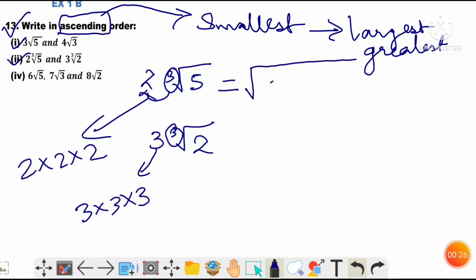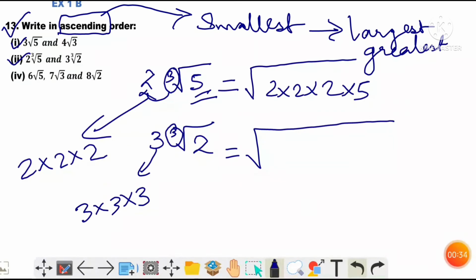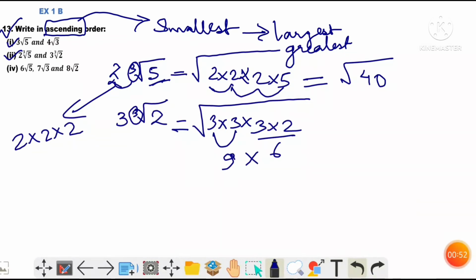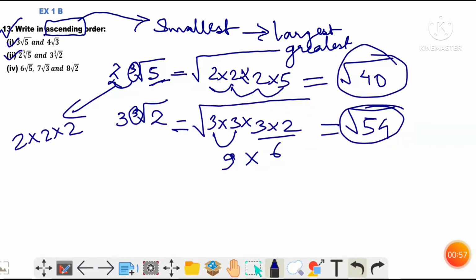So we can write it as cube root of 2 into 2 into 2 and 1 5 is inside, into 5, and we'll have 3 into 3 into 3, and 1 2 is already inside. So here we'll get 2 2s are 4, 4 2s are 8, and 8 5s are 40, and 3 3s are 9, and 9 into 6 is 54. So 40 is smallest, 54 is largest. So the ascending order is 40 is less than 54.